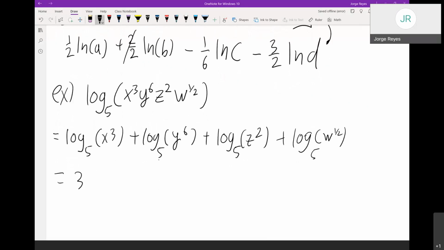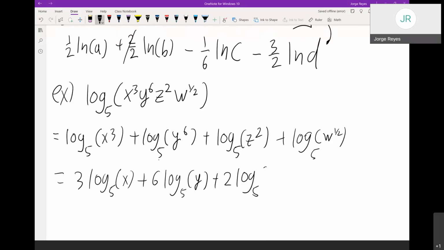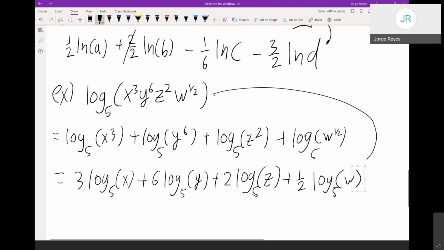So 3 log 5 x plus 6 log 5 y plus 2 log 5 z plus 1/2 log 5 w. Okay. And honestly, once you really memorize the product rule and quotient rule and power rule, you should be able to skip to the final answer from the beginning.